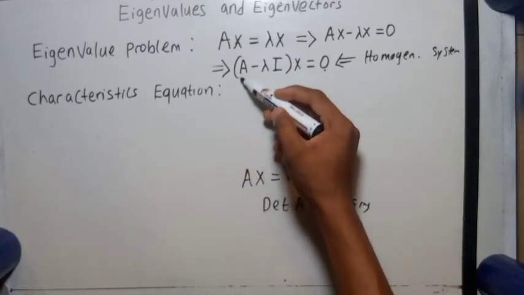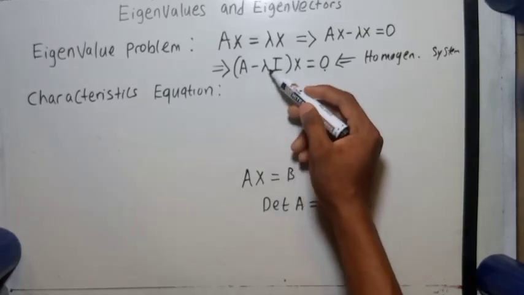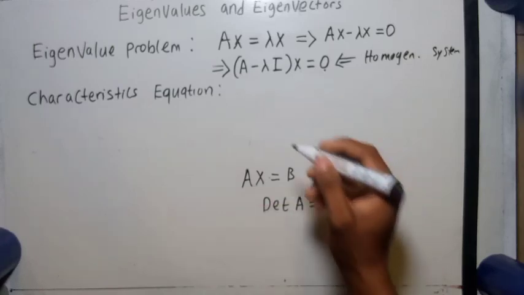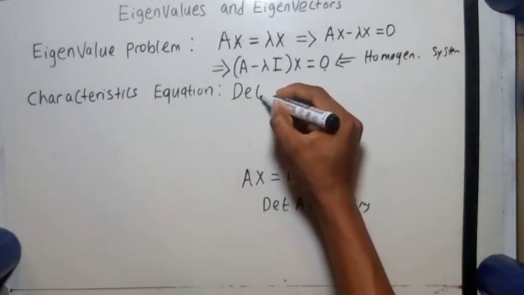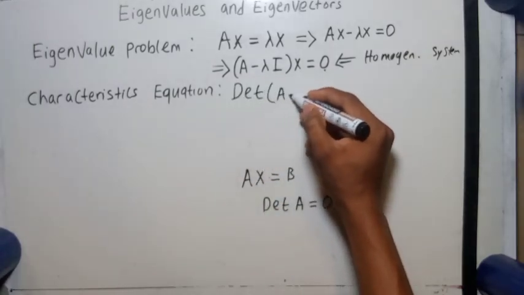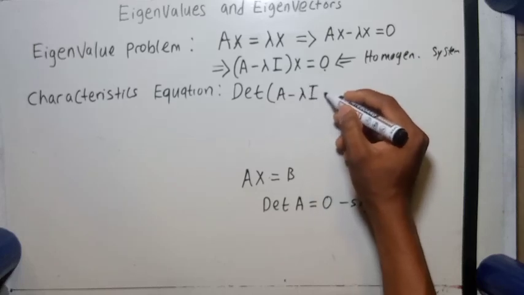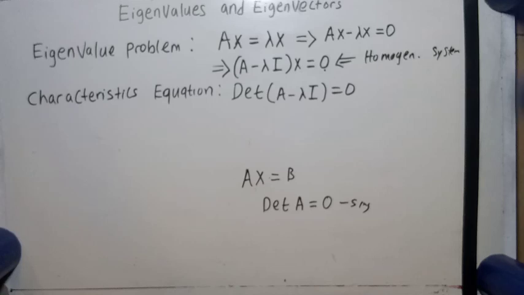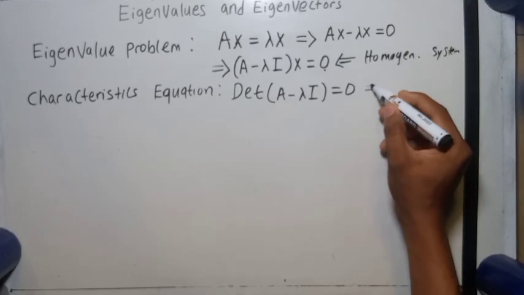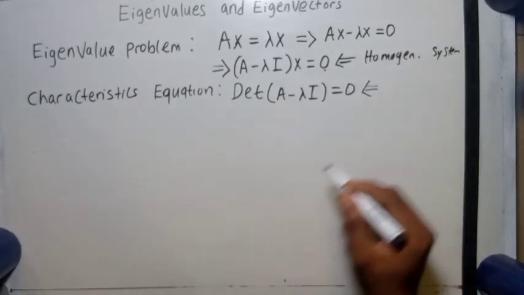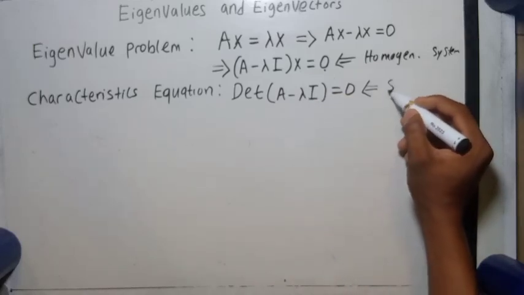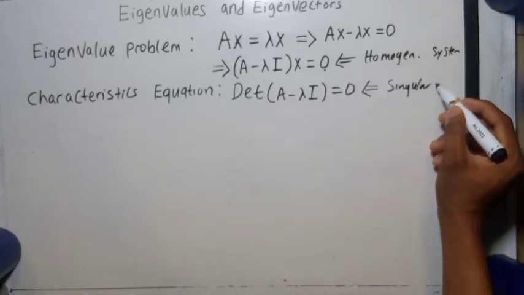Our A is representing the whole of this one in brackets, which is your A minus lambda I. Your X is your X. So what this means is that the determinant of your A minus lambda I is equal to what? 0. These two satisfy the requirement for your x having an infinite number of what? Solutions. And this one is telling us that our A minus lambda I is the what? Singular matrix.